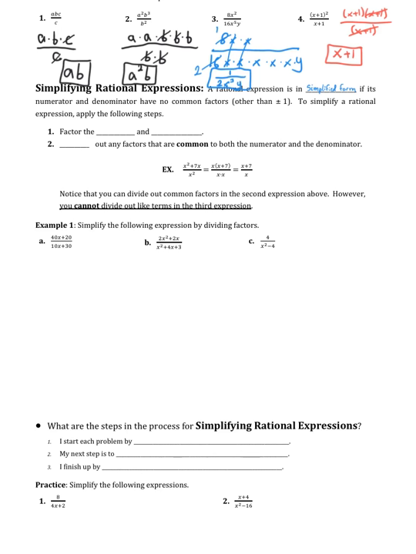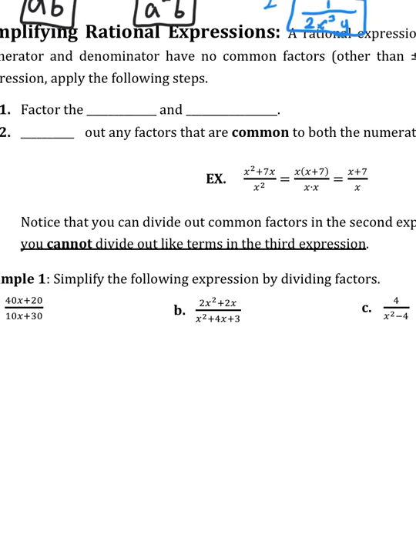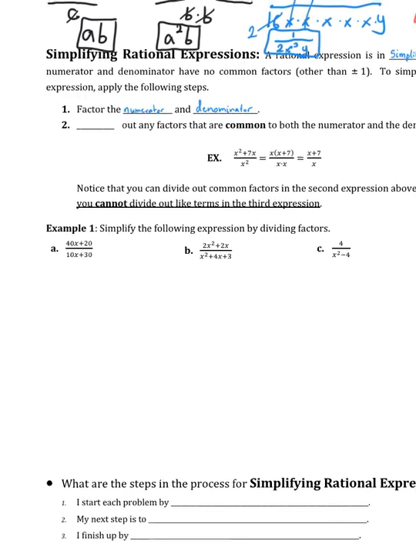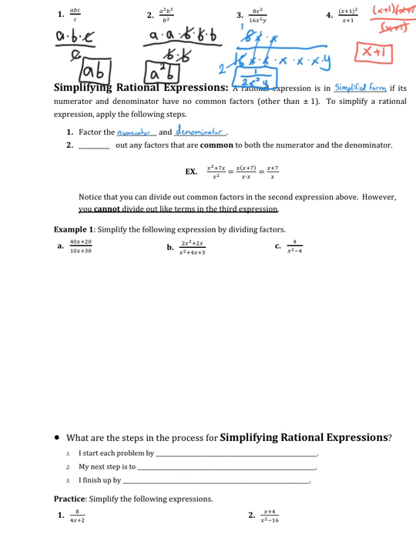We're going to factor. So that's why we've been doing a lot of factoring practice, because we're going to factor the numerator and denominator first. That's the first step. Factor the numerator and denominator. And then we're going to divide out any factors that are common on both the numerator and denominator.